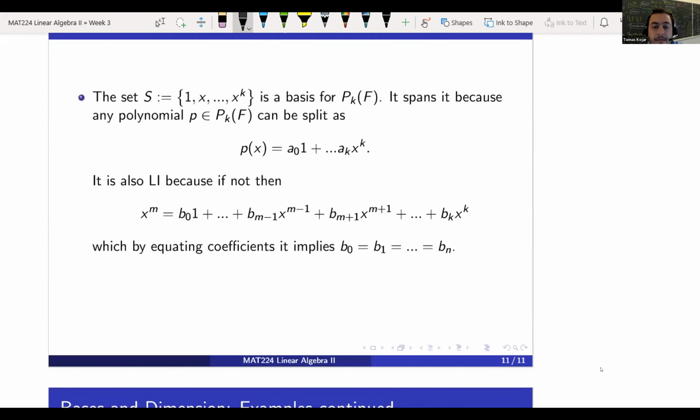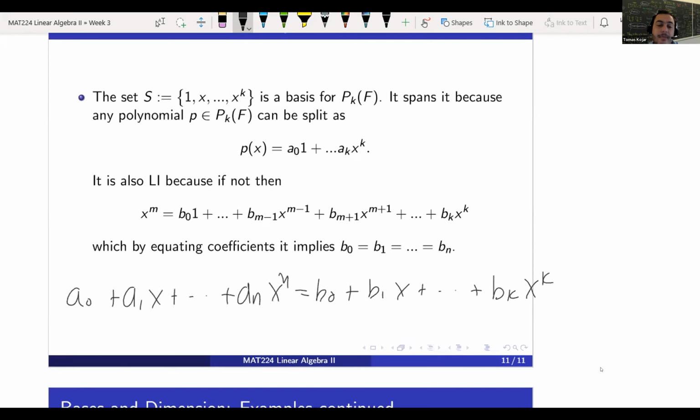Yeah, and so let me remind you how you work with these polynomials. In general, whenever you have an expression of the form a0, a1x all the way to an xn, and b0, b1x all the way to bk xk, and suppose k is bigger than n.